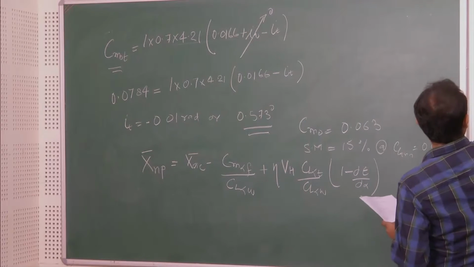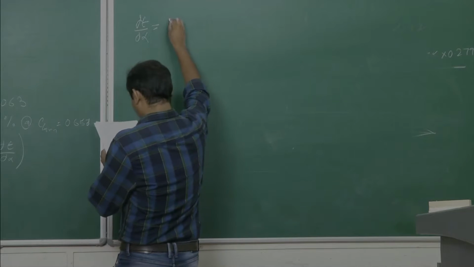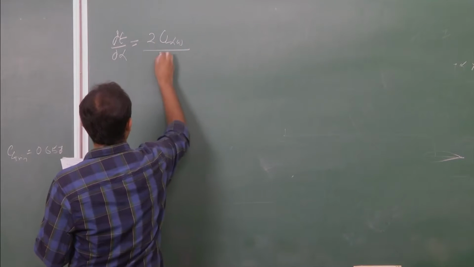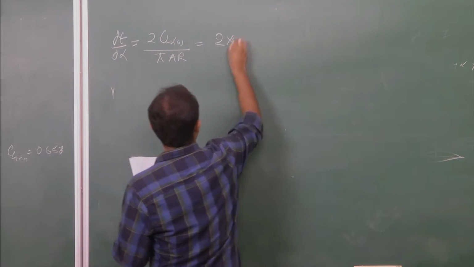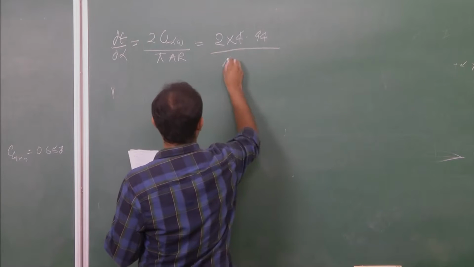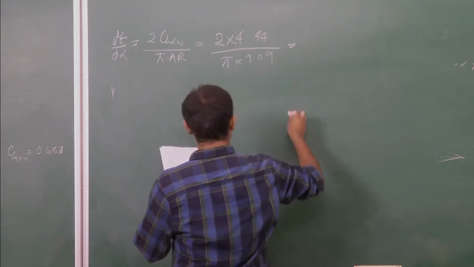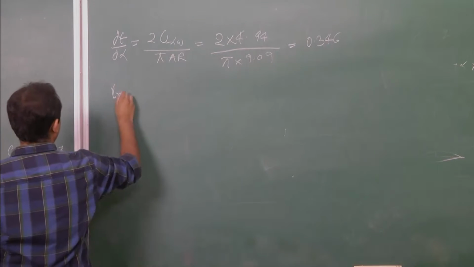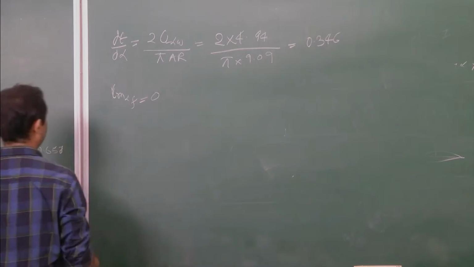Now d epsilon by d alpha is given by 2 CL alpha of wing by pi aspect ratio equals 2 into 4.94 divided by pi into 9.09, which will be 0.346. And Cm alpha of fuselage, we are taking it as 0 for the time being.